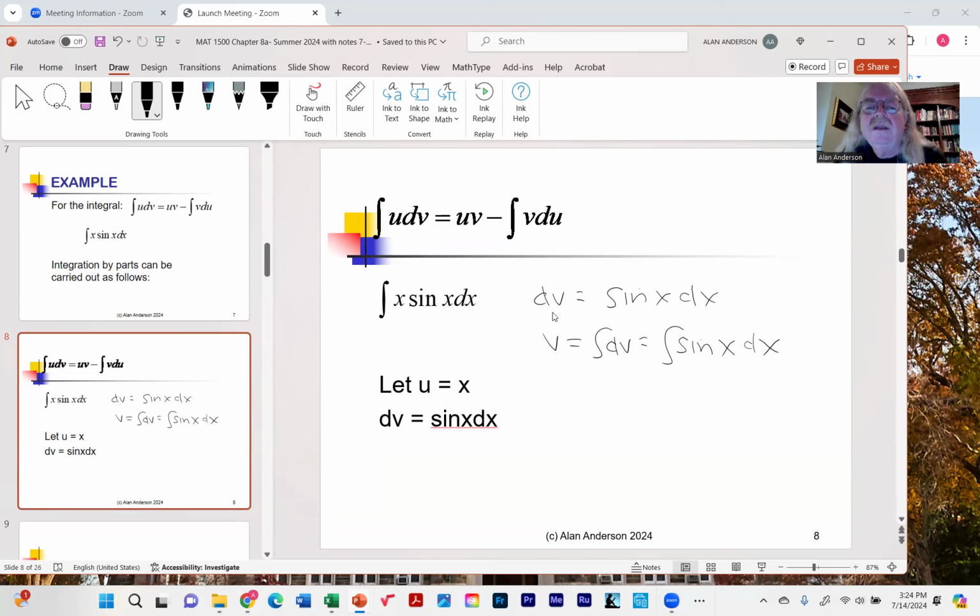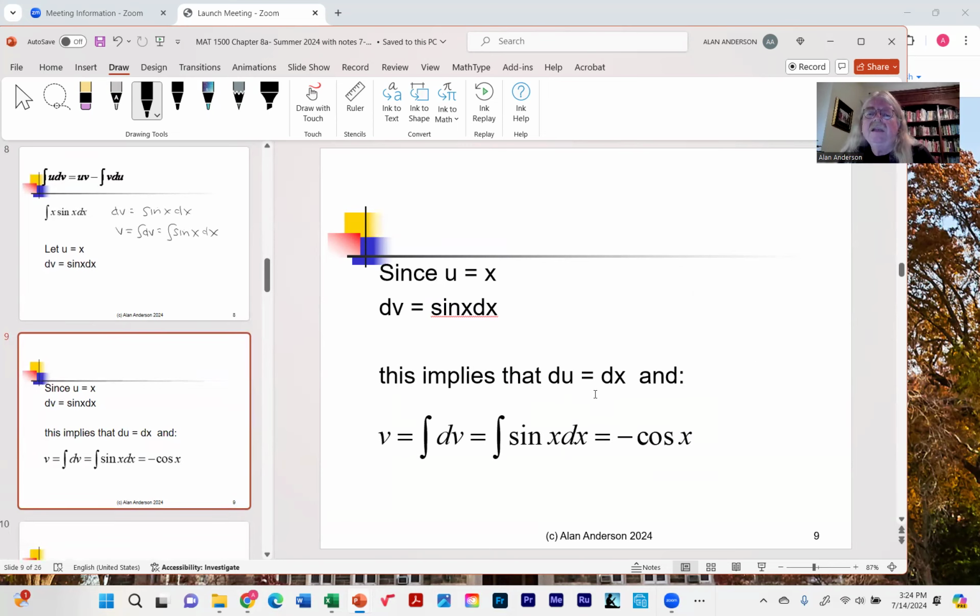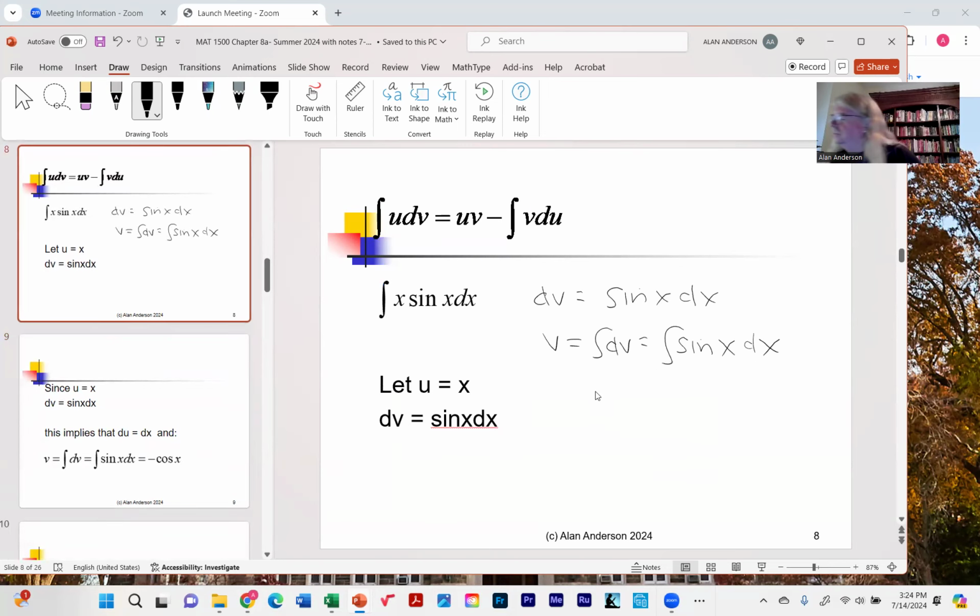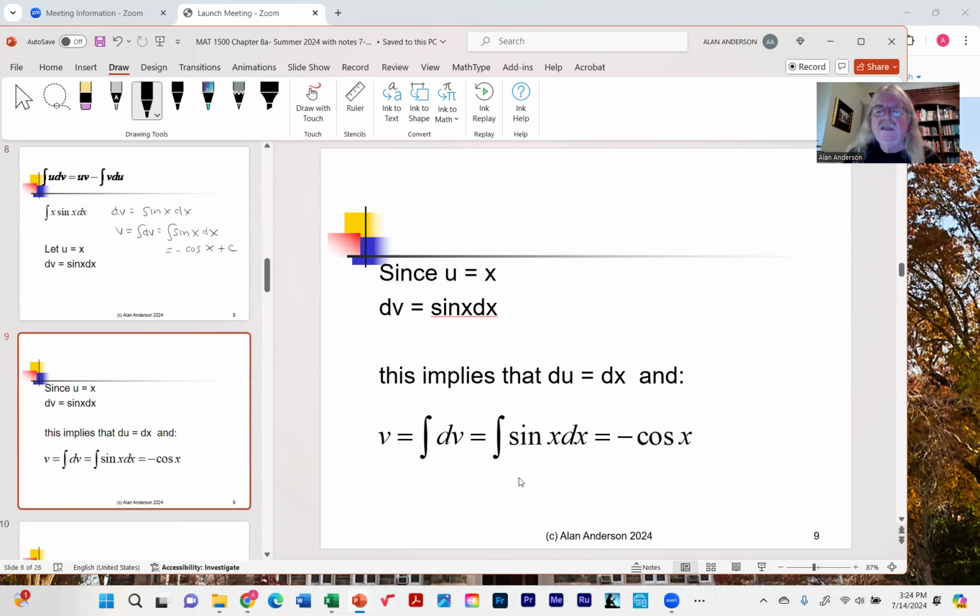So in other words, the dv gives us a clue as to what v is. V is simply the integral of dv. So all we have to do is go back to our tables or our charts, or if we happen to remember them, and we'll see that the integral of sine x is the negative cosine of x. So right there.